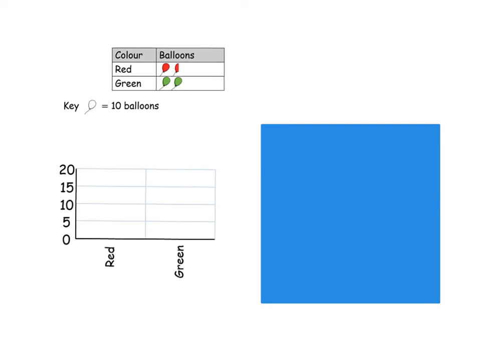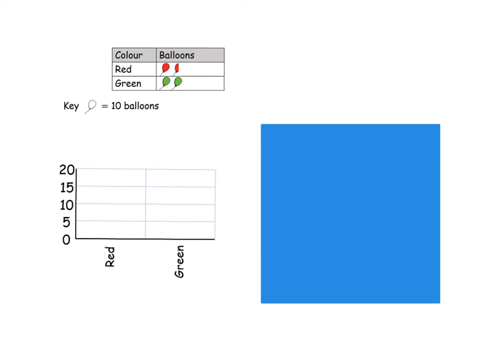Let's take a look at the green balloons now. We know that we can see 2 full balloons, and we know that each picture of a balloon is equal to 10 real life balloons. So that means we've got 10 and 10, which makes 20. So in the green part of our block diagram, we would colour in 4 blocks up to the number 20.